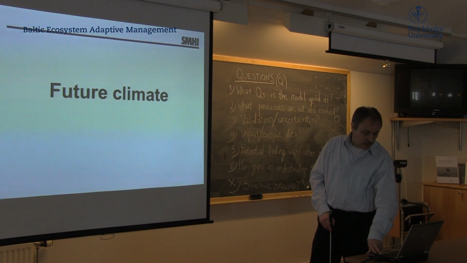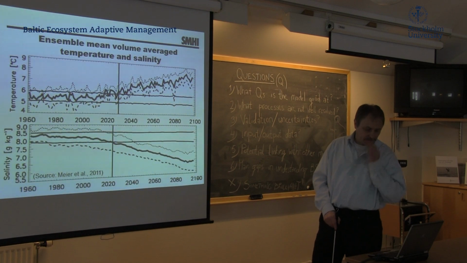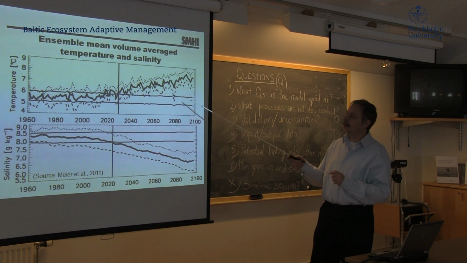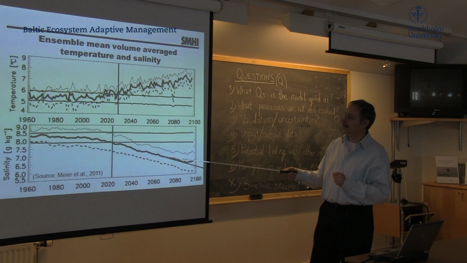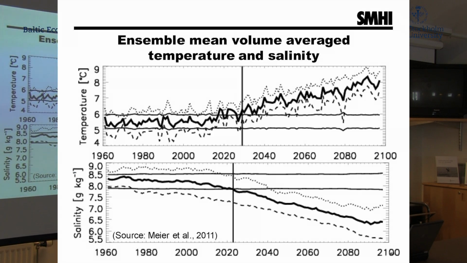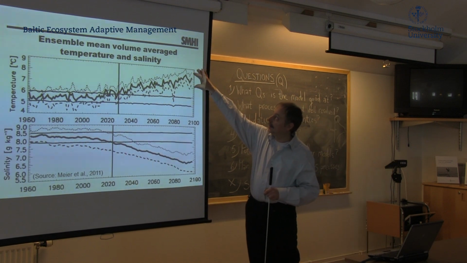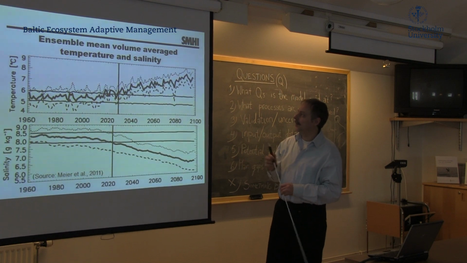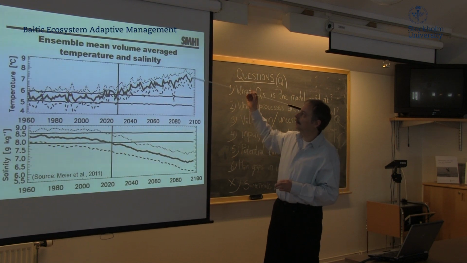So if you go now to projections, then you get figures like this. This is the integrated volume, integrated temperature and salinity. And the solid curve is the ensemble mean, volume average as I told you, and the standard deviation is denoted in the ensemble by the dotted and dashed curve. So this is the kind of error bar, and this is now not specified, so it is among all the models, all the Baltic Sea models and global models and so on.